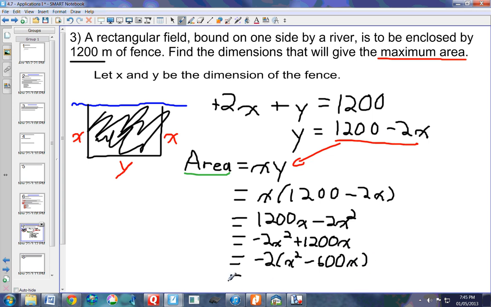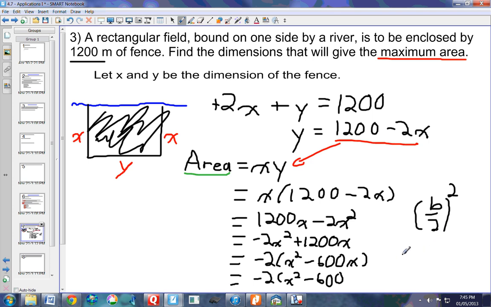Step number 2, we need to figure out what the c value that we're adding and subtracting to this is. x squared minus 600. And that c value is found by taking our b value divided by 2 to the exponent 2.